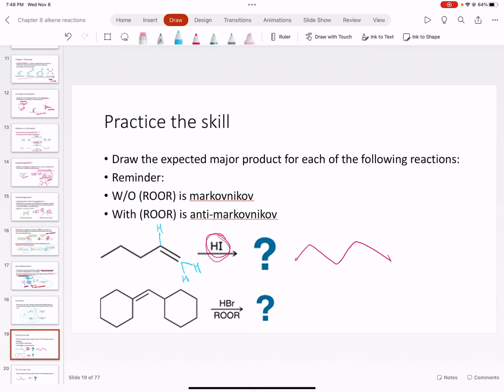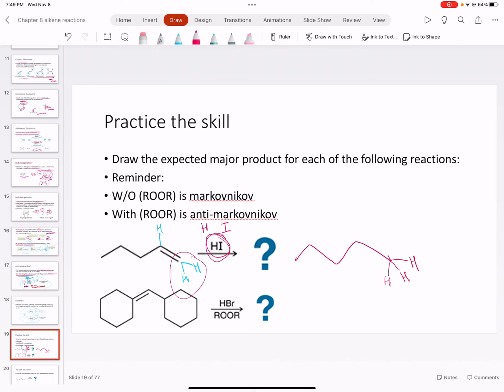We know that our hydrogen will go, so then we can add H and I. Our hydrogen will go to the side that has more hydrogens, which will be this one. So we had 2 before, now we have 3 hydrogens.